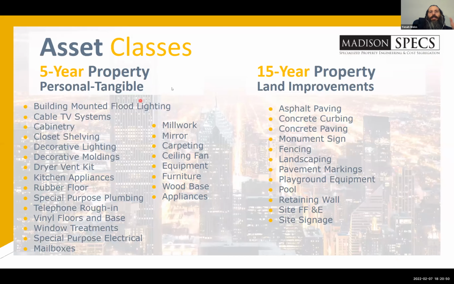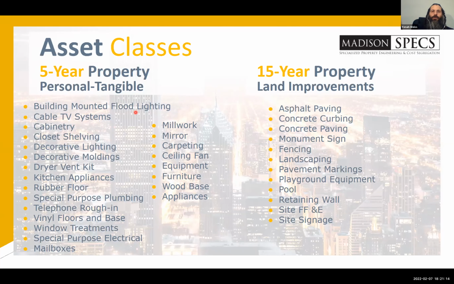So here are the main categories we're going to be looking at. Land, which does not depreciate. You have the building, the structural components, and that's always going to be the vast majority of the value in the property, that depreciates on a 39 or 27.5-year schedule.